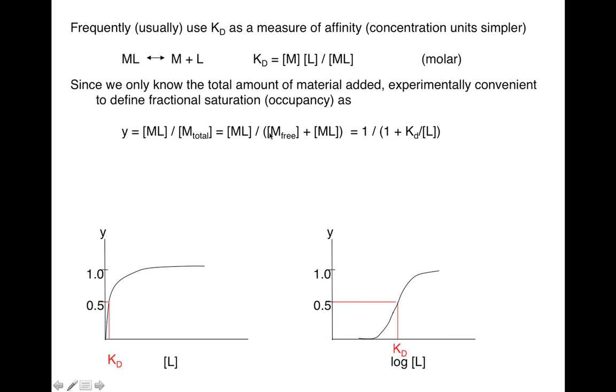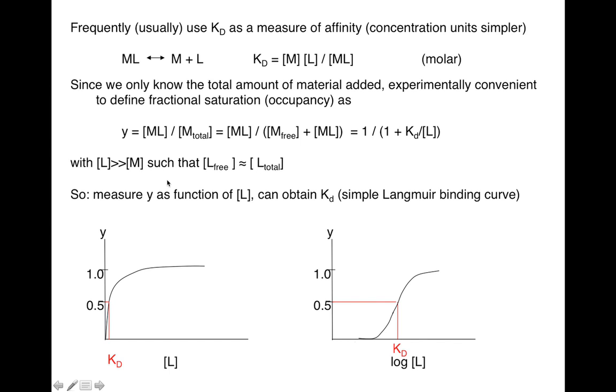And that, of course, is going to be the concentration of the free ligand plus the concentration of the complex, and that reduces to just 1 over 1 plus the KD divided by the ligand concentration. Now, we assume here that the ligand concentration was much larger than the macromolecule concentration, so that we can ignore the difference between free and total ligand concentration in that case.